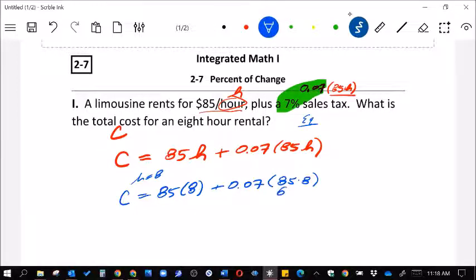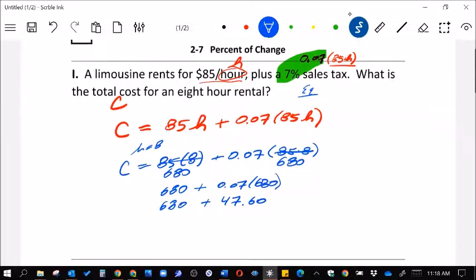So this comes to 680, and this comes to 680. So we have 680 plus 0.07 times 680, which is 680 plus $47.60.